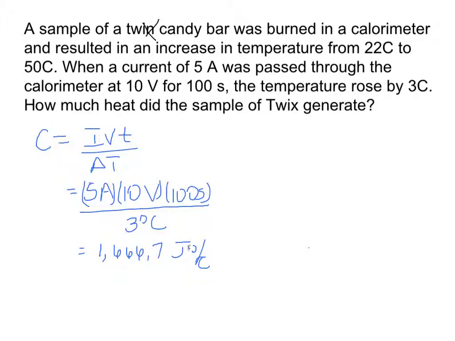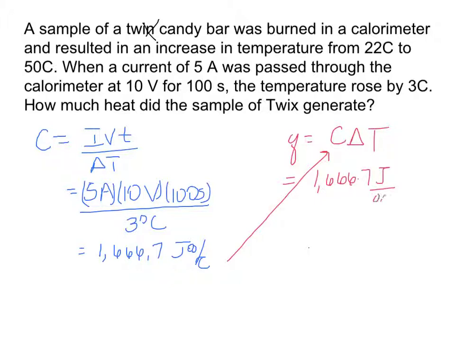Step 2 now is simply to take the temperature change associated with the reaction and multiply it by the calorimeter constant. Take this calorimeter constant and substitute it, and we get 1,666.7 joules per degree Celsius. That's pretty big. I made this problem up. And then we get the delta T, which is 50 degrees Celsius minus 22 degrees Celsius, which is 28 degrees Celsius.